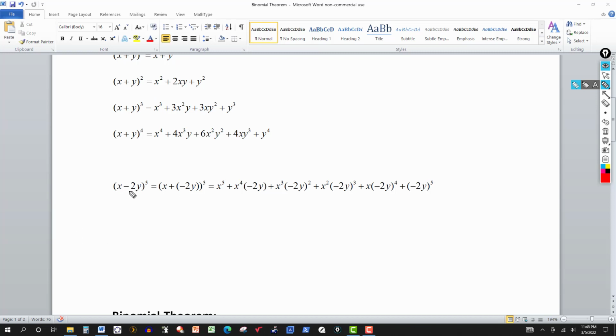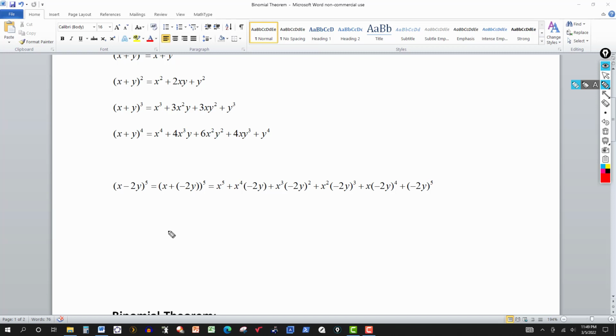So notice I have x minus 2y to the 5th. All these have pluses. Makes it convenient. So I just rewrote x minus 2y to the 5th. And I wrote it as x plus negative 2y in parentheses taken to the 5th power. So just look at this as x is x, just like in these over here. But instead of just having a y by itself, we have negative 2y.